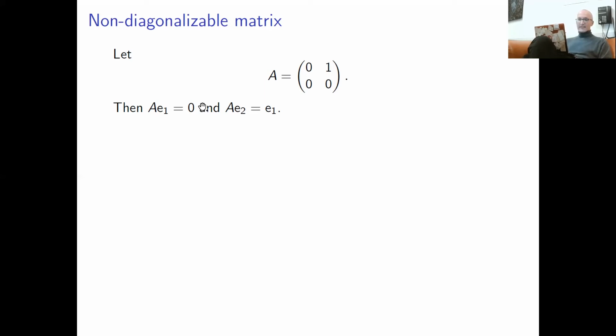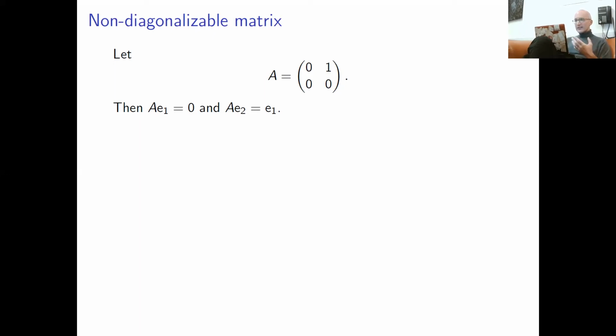Okay, I basically claim that this matrix is not diagonalizable. Again, how to see this? If you translate this example into the language of linear operators, it basically means that for the corresponding linear operator, we should have a basis consisting of 2 linearly independent eigenvectors. Then the matrix is going to be diagonalizable.